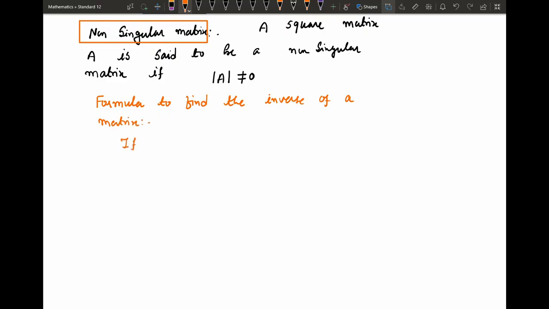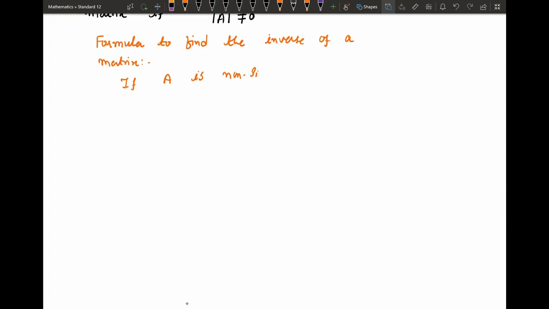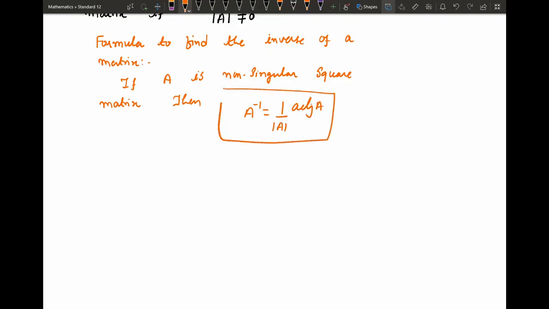If A is a non-singular square matrix, then its inverse is given by A inverse equal to adjoint A upon determinant A. So this is the formula: A inverse equal to adjoint A upon determinant A.